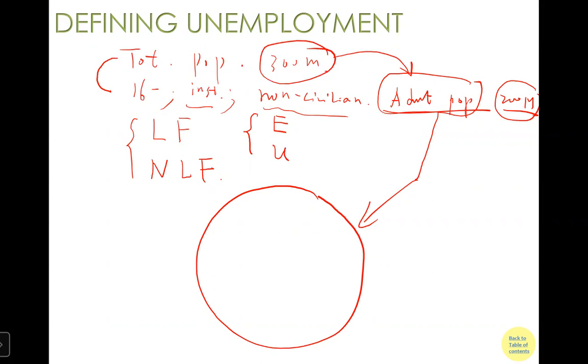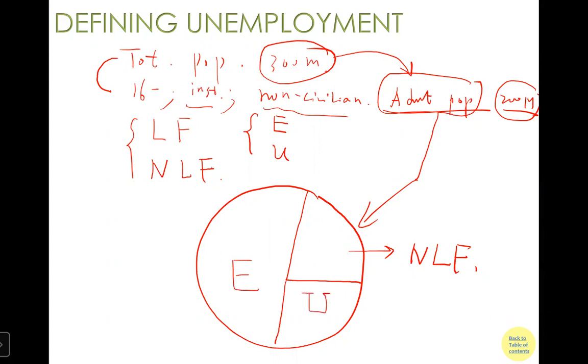Among the adult population, we are now going to categorize them into two groups: those not in the labor force, and the rest, who are in the labor force. For people in the labor force, some are employed, some are unemployed.